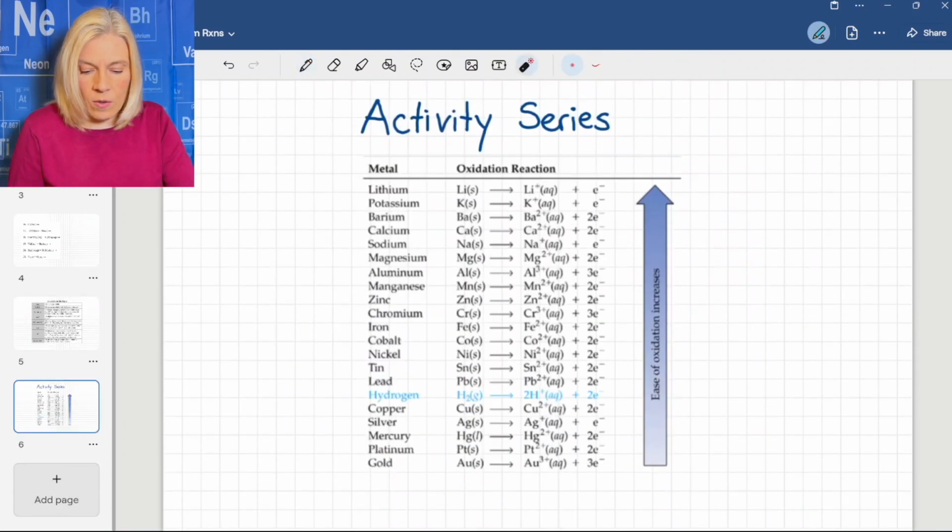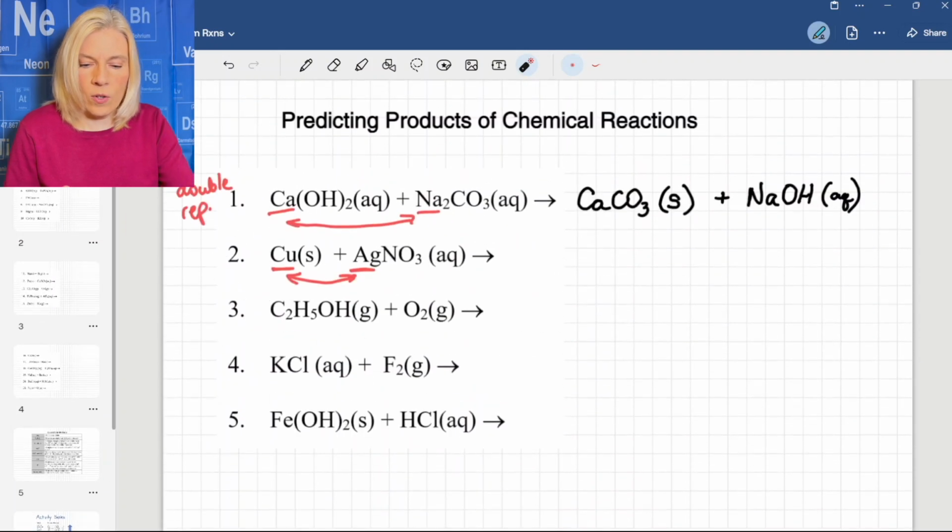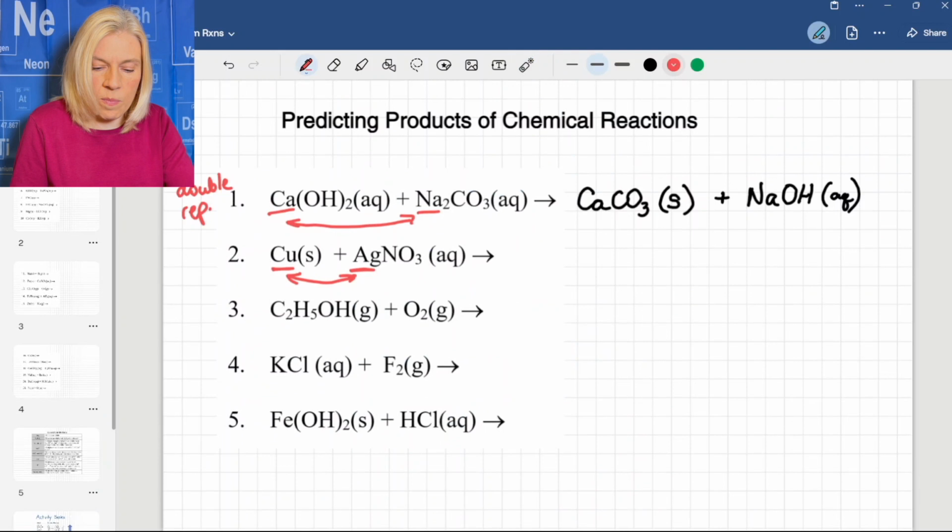And here we go. Here is copper. Here is silver. Copper is above silver. Copper wants to be ionic. Silver is on the bottom. It doesn't lose its electrons that easily. So silver will prefer to be neutral, to hold on to its electrons. So therefore, will this reaction happen? Yes, this reaction will happen.